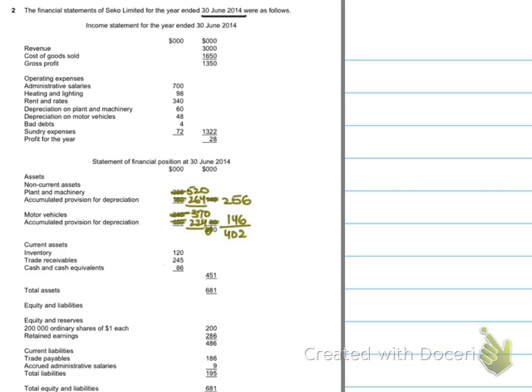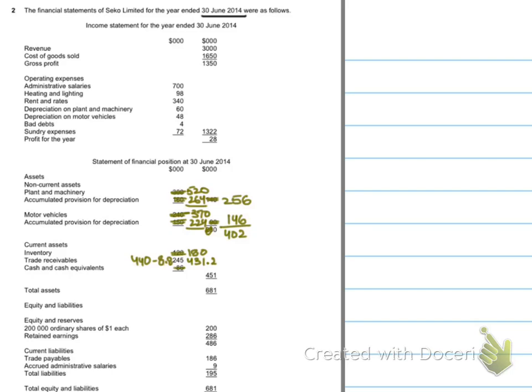Then the inventory for the year end was 120. Right. Trade receivables. So trade receivables are 440, and you minus 8.8. Let me just write this horizontally. So 440 minus 8.8, and you get 431.2. So 431.2.